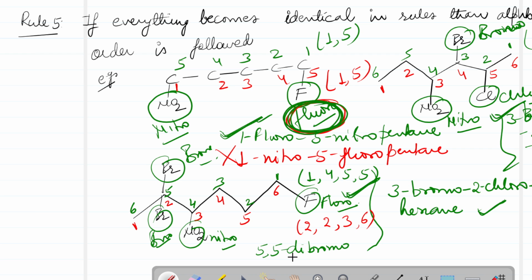Here I have not taken this D while taking the alphabetical decision, because di, tri, tetra, secondary, tertiary are not included in alphabetical decision. I have considered this B only. 5,5-dibromo-1-fluoro-4-nitrohexane.